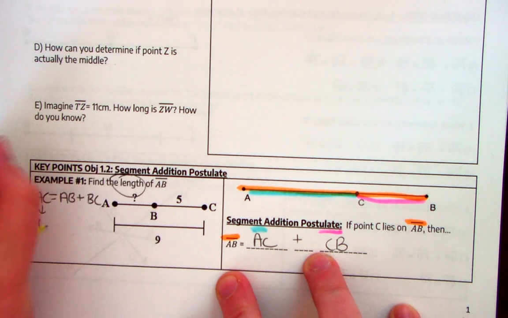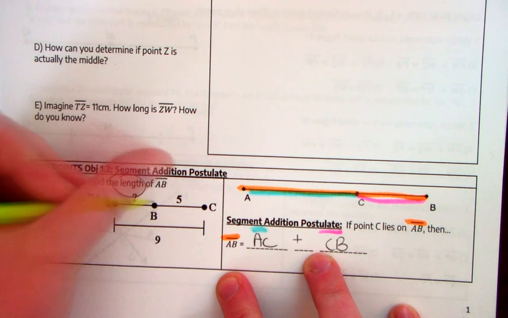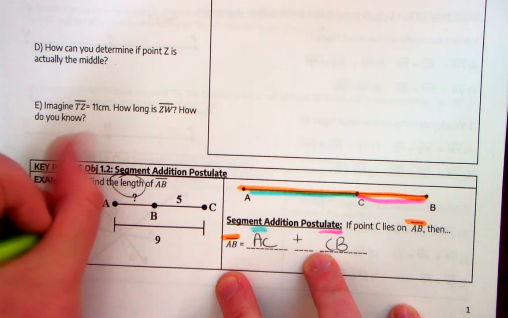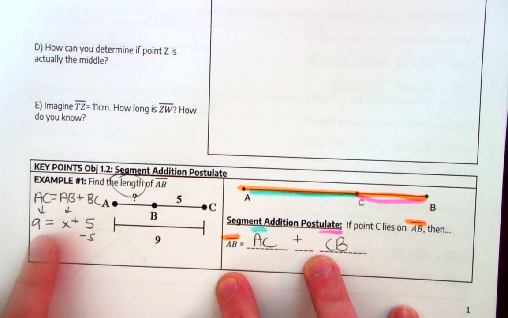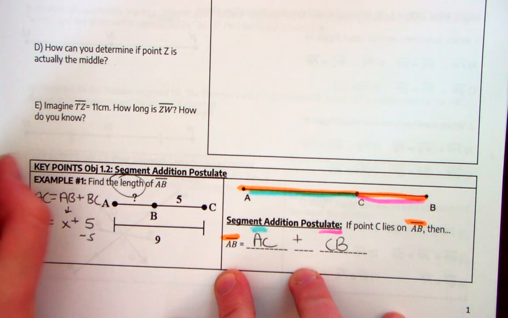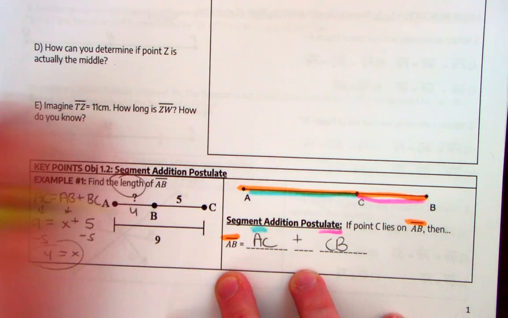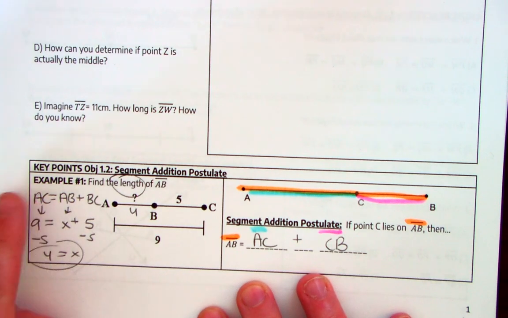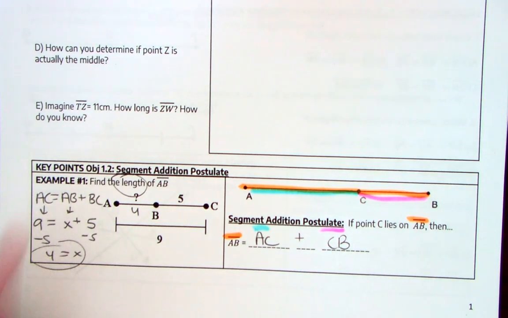It's labeled there. That's equal to AB. I don't know what AB is, so let's call it X, plus whatever BC is, which is 5. So a little equation forms where I can then solve and be like, oh, this part has to be 4, which makes sense because 4 plus 5 gets me 9. So that's me using the segment addition postulate to find a missing length, okay?